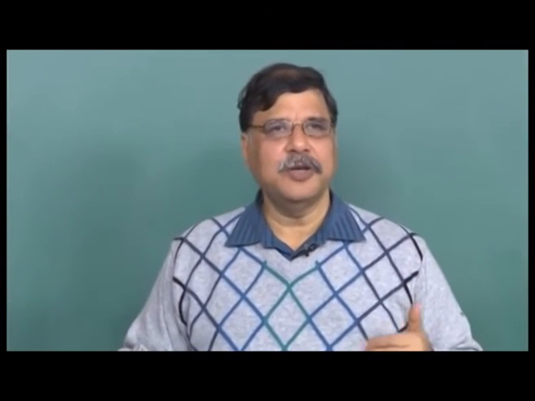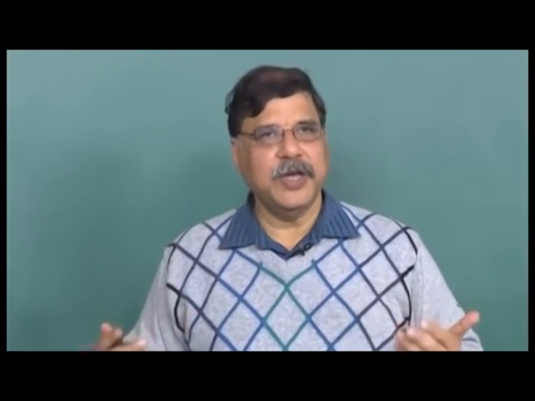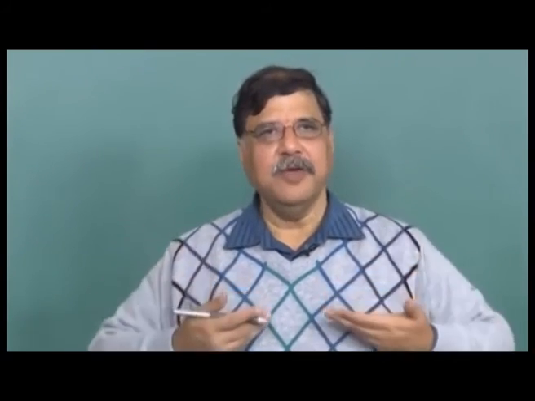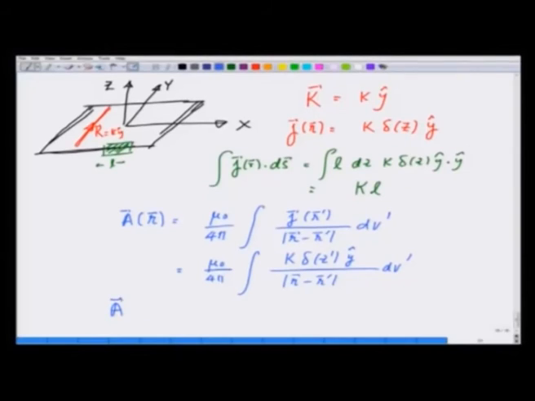So, the answer should not really depend on which x, which y I am calculating it at, because it is invariant. It does not matter which x I am at, because in the x y plane this is of infinite extent. So, I may as well calculate A at x equal to 0, y equal to 0 and z, which will be the same as at any other x. It just makes my life a little easy.